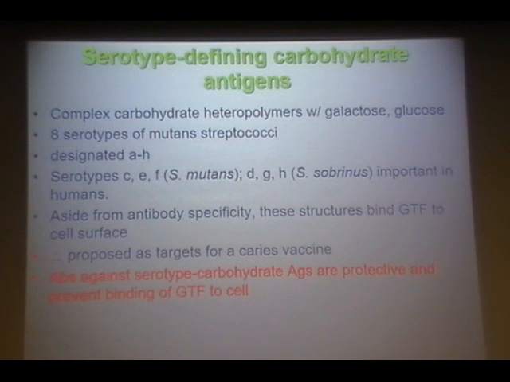And so people have suggested that these serotype-defining carbohydrate antigens are proposed targets for a caries vaccine, because antibodies against these carbohydrate antigens, if you bind them specifically to these antigens, will be protective and prevent GTF from being able to promote the production of glucans. That's an important take-home message.